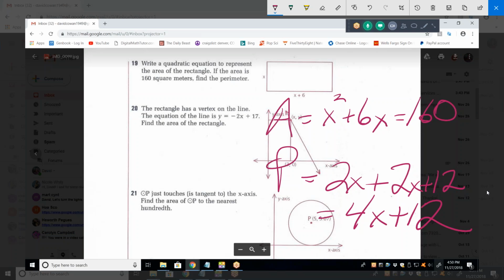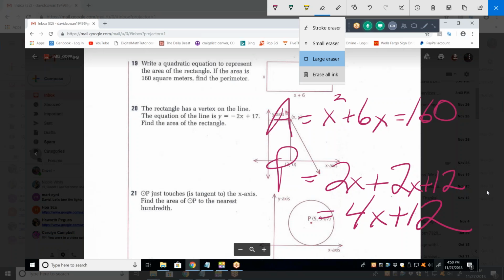So what's our next step? We have the perimeter in terms of x, we have the area in terms of x. They gave us an area. They didn't give us a perimeter. So which formula allows us to calculate x? The first one.